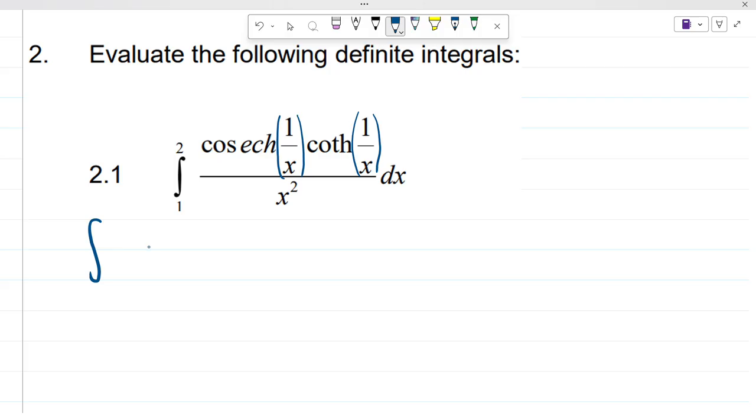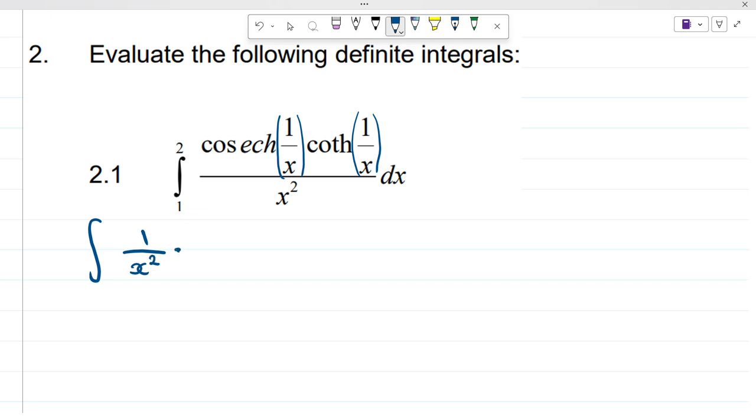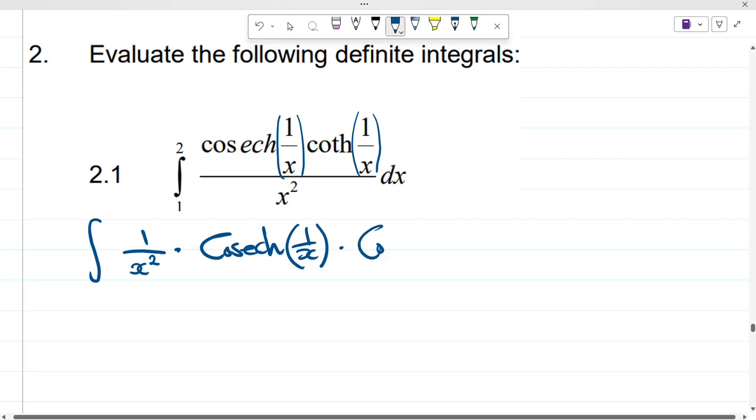So let's take 1 over x squared, multiplied by hyperbolic cosec of 1 over x multiplied by hyperbolic cot of 1 over x dx, like this.